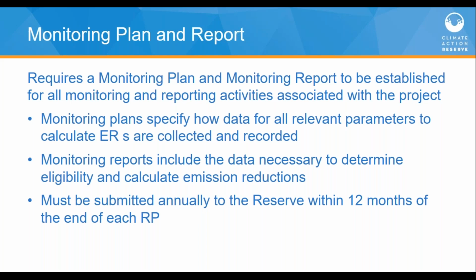The monitoring plans get at how data for all the relevant parameters are collected and recorded, while the reports make sure they include all the necessary data to determine eligibility and calculate the emission reductions, as well as including the results of those calculations. Both documents must be submitted annually, within 12 months of each reporting period.